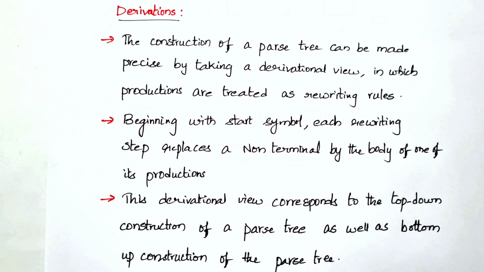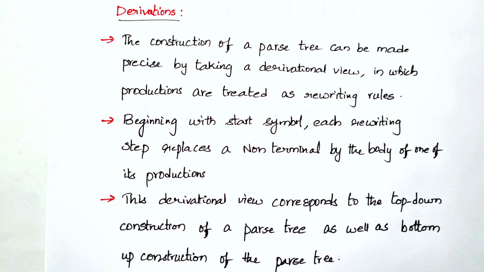Let us see what we mean by a derivation. It is nothing but a process of generating a valid string from the start symbol by repeatedly applying production rules. The construction of a parse tree can be understood more clearly through a derivational view. In this approach, the production rules are treated as rewriting rules.